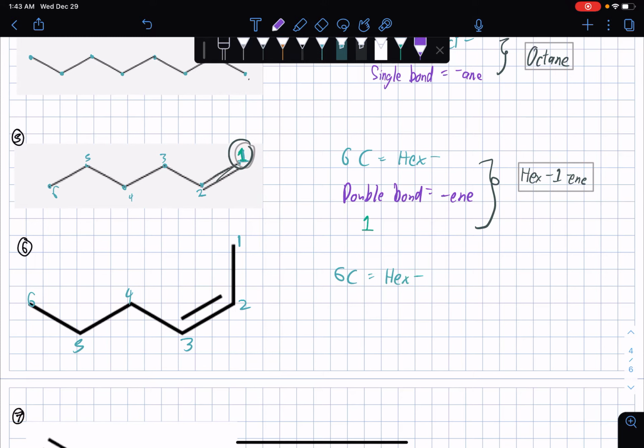And we still have a double bond, similar to practice question 5. The double bond is located here. The carbon that connects first with the double bond is number 2. So we have number 2 here. We combine all these ingredients. We get hex-2-ene.